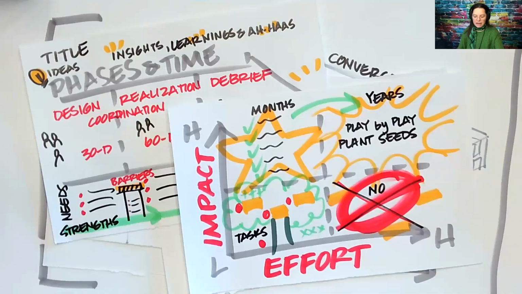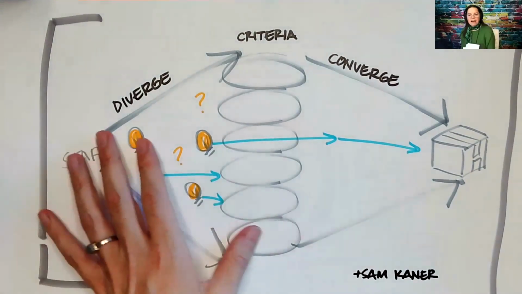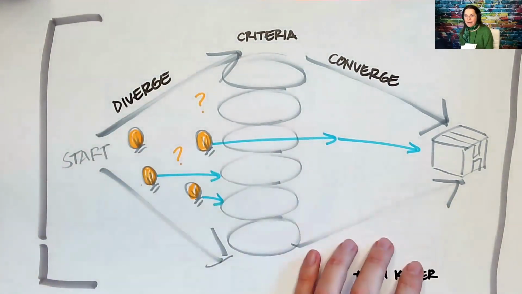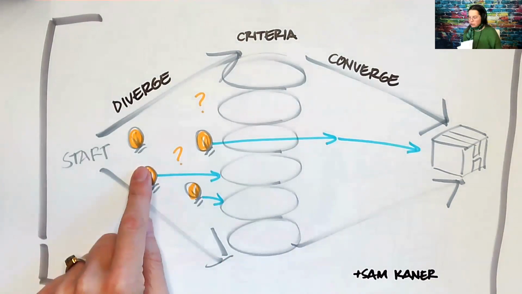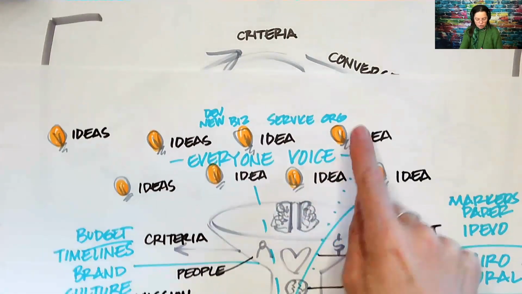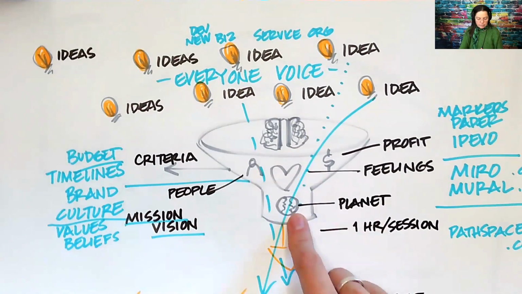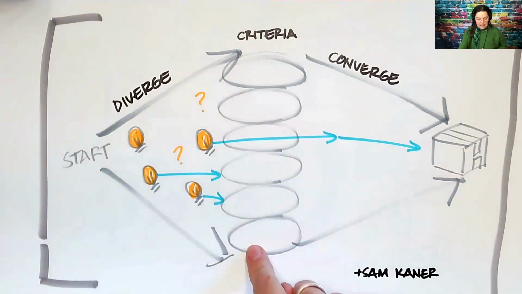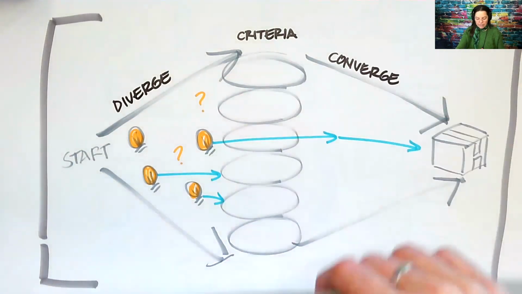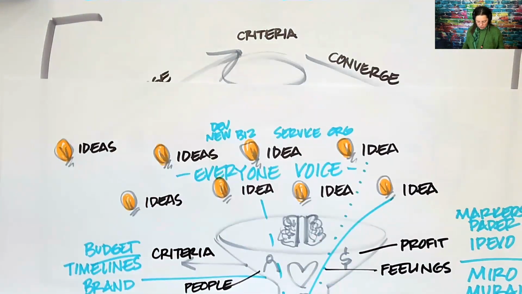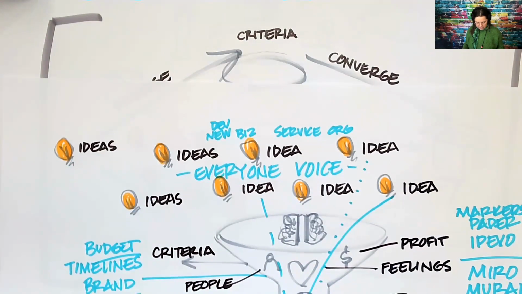Right. So I would say that, again, it all depends on what the group is needing, but this whole diverge converge is really the framework in which most meetings happen, right? The diverge part is really the top part of that funnel. The criteria then becomes the decision-making piece, and then where things start to come together, that can then be followed up using the prioritization matrix and the who, what, when.